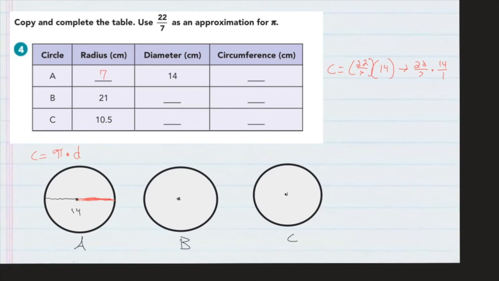And since we're multiplying, we can cross reduce. 14 over 7 would be 2 and 1. So now we multiply across, we get 22 times 2, which is 44, over 1. So the circumference then is going to be 44 centimeters.